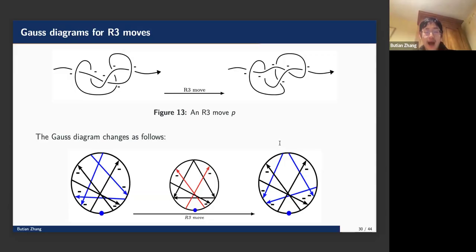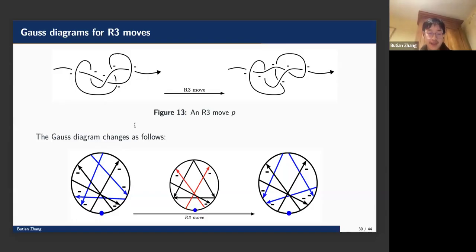And for the R3 moves, the corresponding change in Gauss diagrams looks like this. The R3 move is local and concerns the 3 crossings. The 3 crossings in Gauss diagrams are the 3 arrows, in blue in this Gauss diagram, corresponding to the 3 arrows here in the diagram.